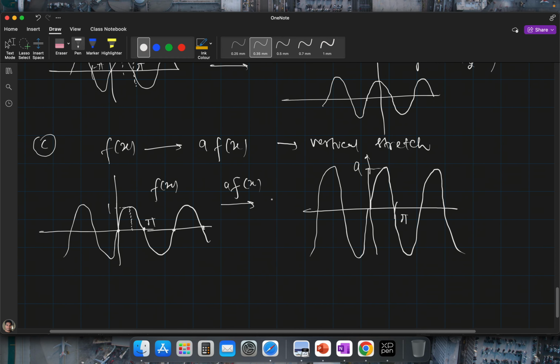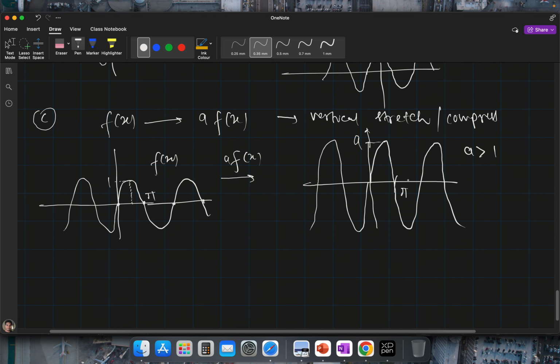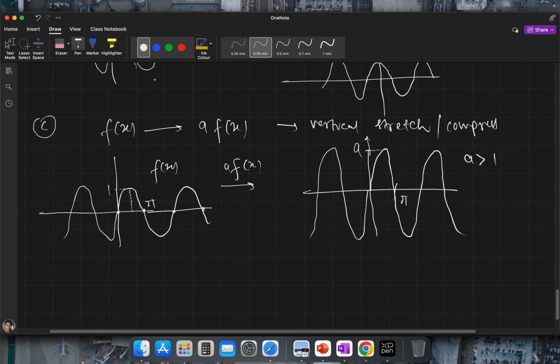So this is the example of vertical stretch, or you can also say compression. Suppose a is greater than 1, which means that it will stretch. But if a is between 0 and 1, again the zeros will remain the same, but it will be compressed.